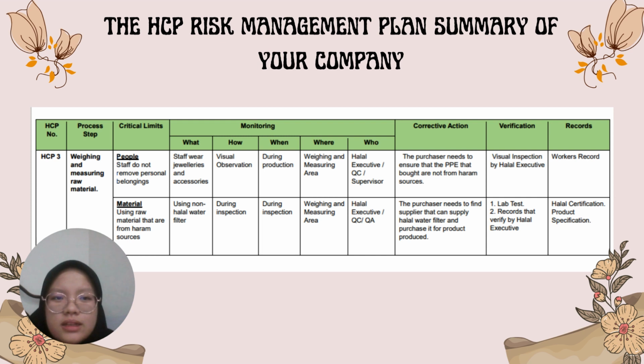All the jewelries can fall into the products during production. And then for the material, the company may be using raw materials from haram sources, such as alcohol, pig meat or else.